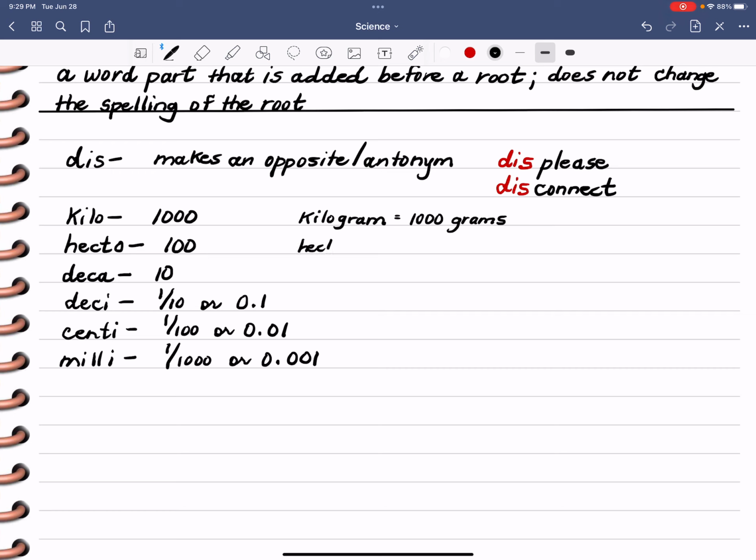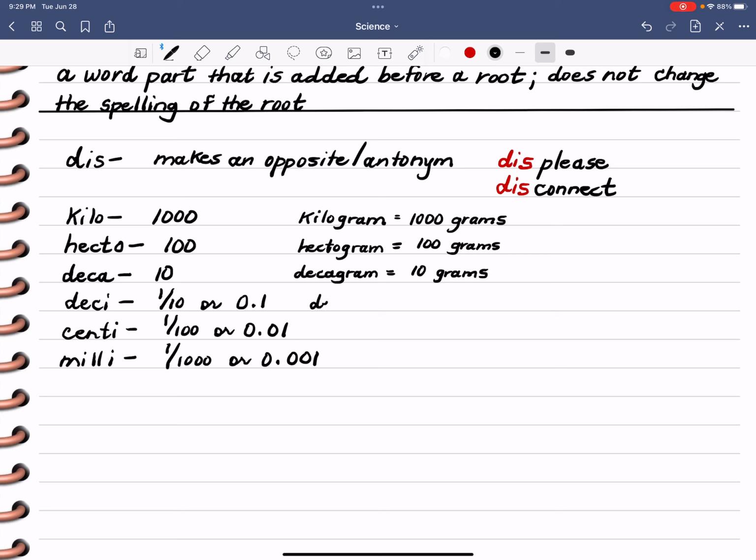A hectogram is equal to 100 grams. A decagram is equal to 10 grams.